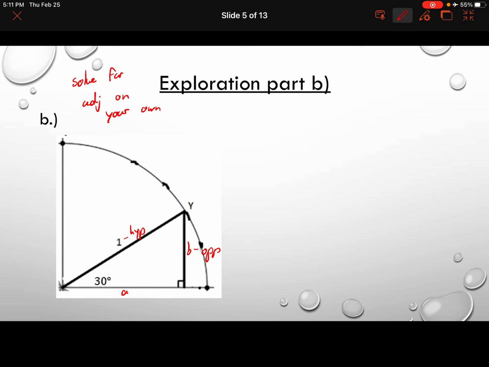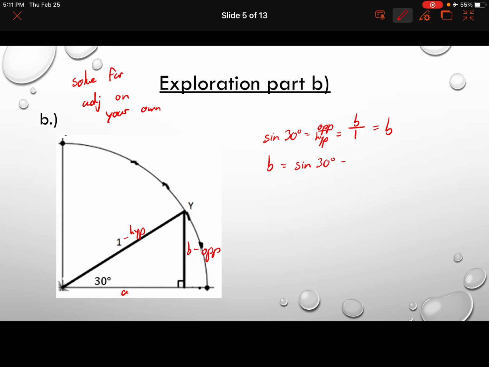All right, so our angle is 30 degrees, so sine of 30 degrees, once again, is opposite over hypotenuse. So in this case, we would get B over 1. Like I said, if you divide something by 1, it just ends up as what you started with.